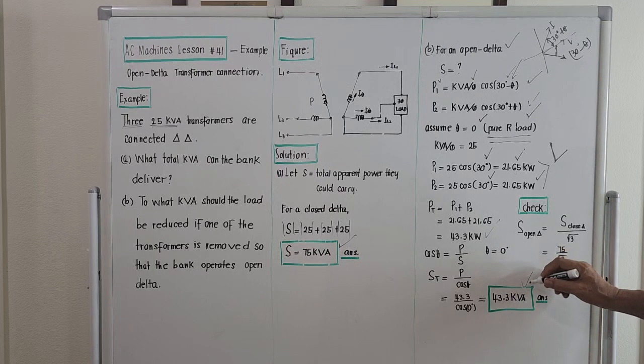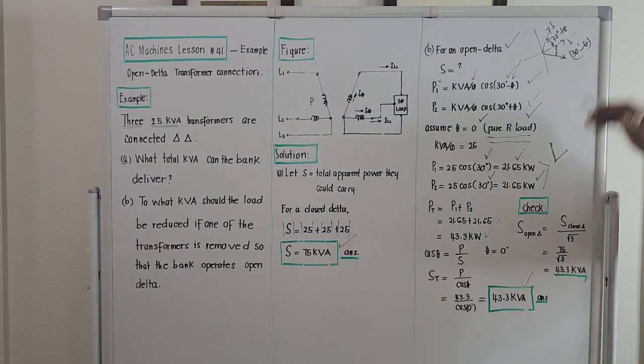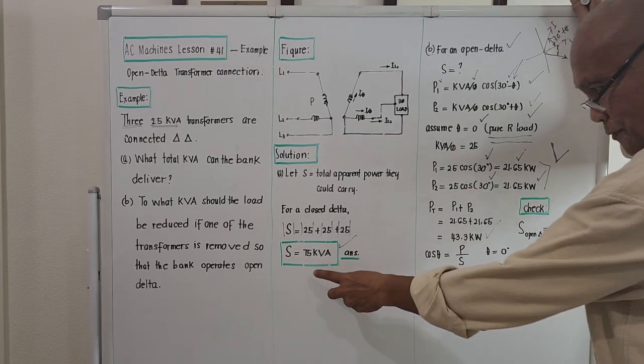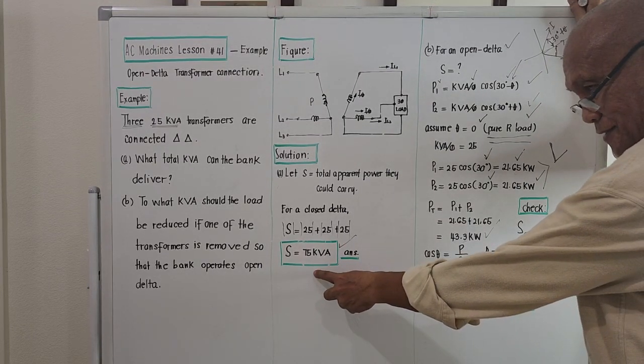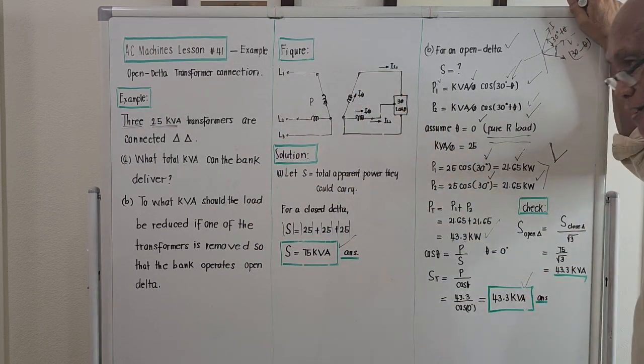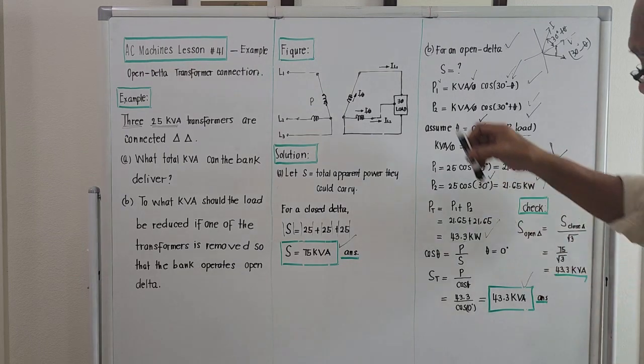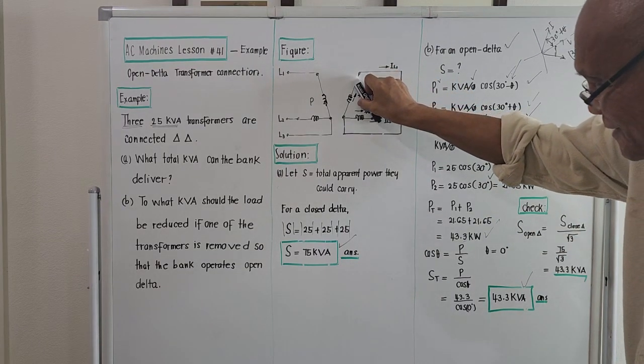So meaning to say, when they are operated open delta, the total apparent power that they could carry is only 43.3 kVA instead of the 75 kVA. It should be less because they are at the so-called reduced condition, since the other one is missing, right?